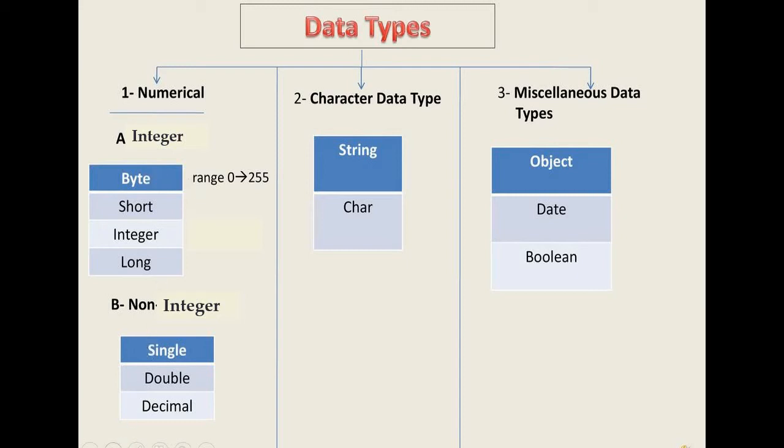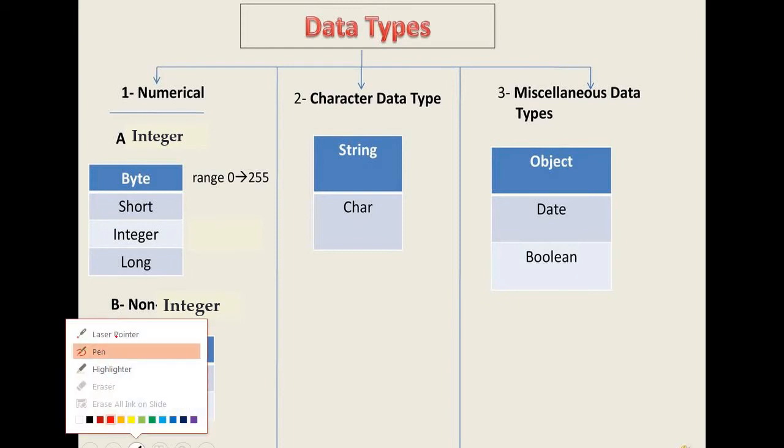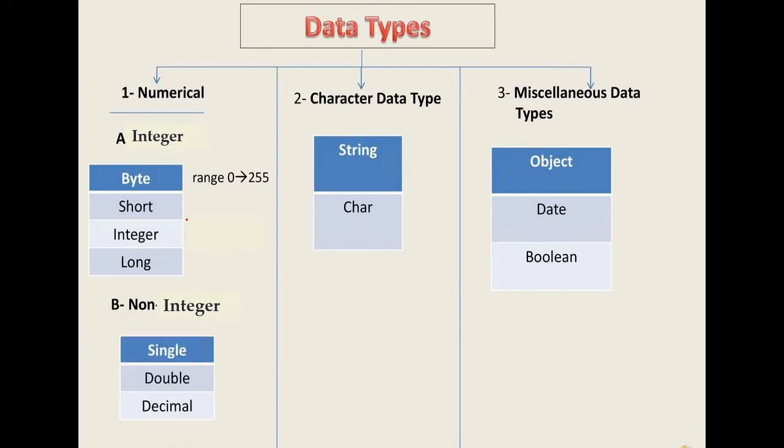Okay, let's see the other one. The other one is short. Short here provides the data type for numbers from 1 digit up to 7 digits. So the user should only enter a maximum of 7 digits, not more. If the user enters 8 digits or more, it will be invalid.